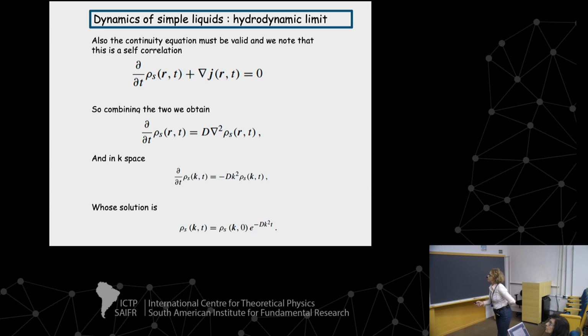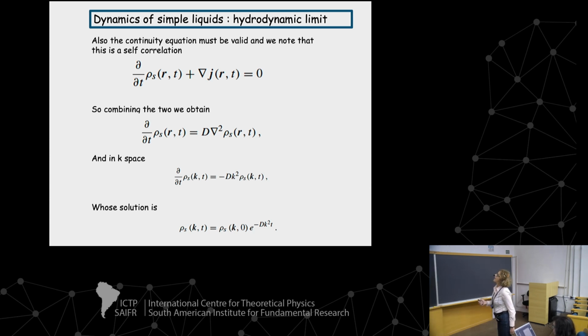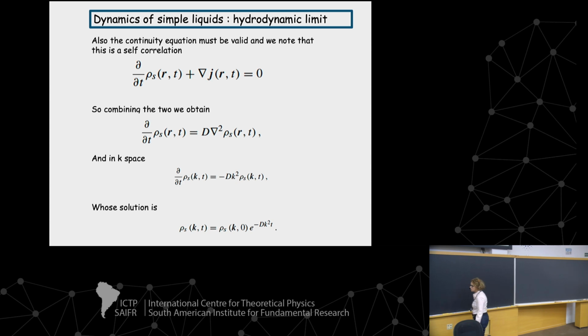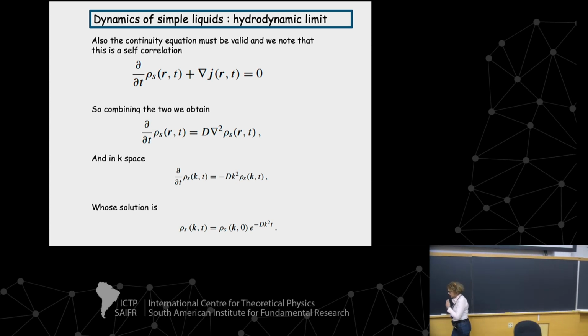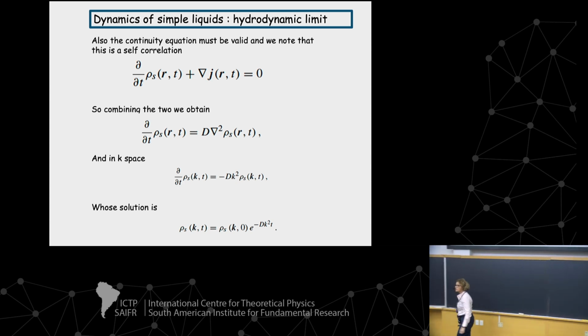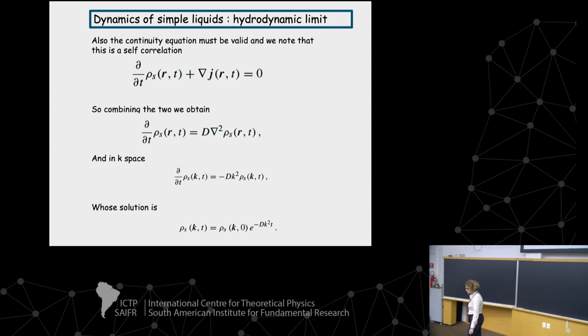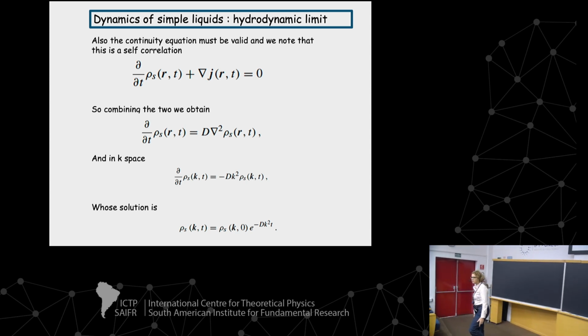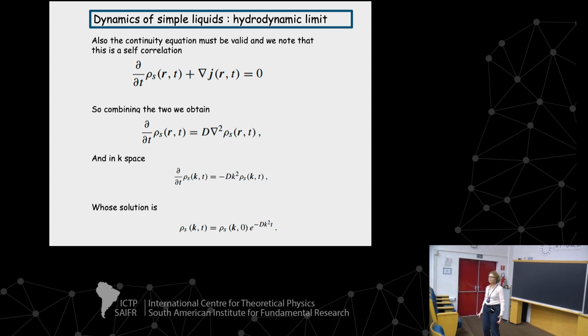Okay, but since we are in a continuous fluid, the continuity equation must also be valid. The continuity equation is an equation that you must have seen several times in physics, for sure in physics 1, also in physics 2, also the continuity equation of the current. If nothing is destroyed, when someone gets in, someone else has to get out.